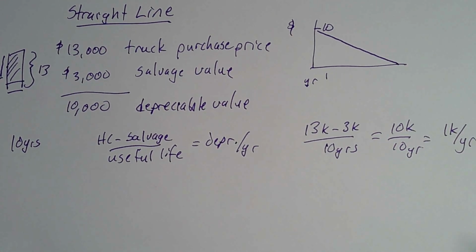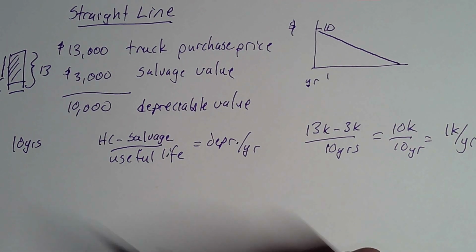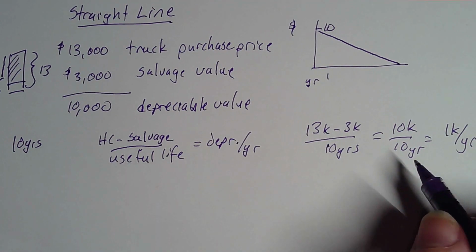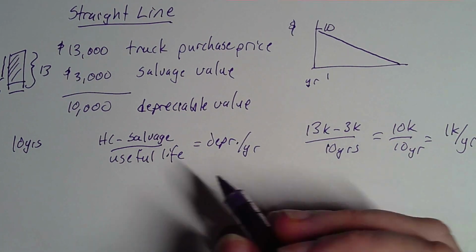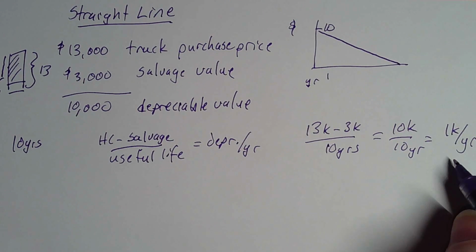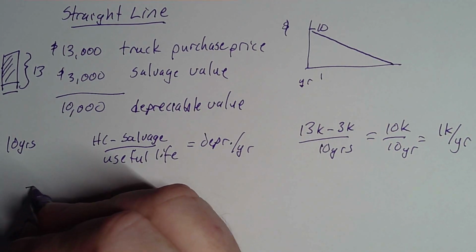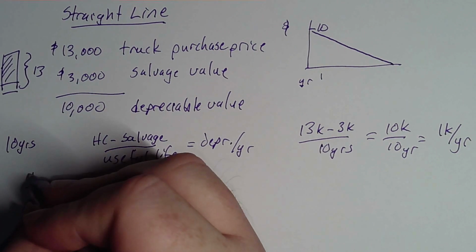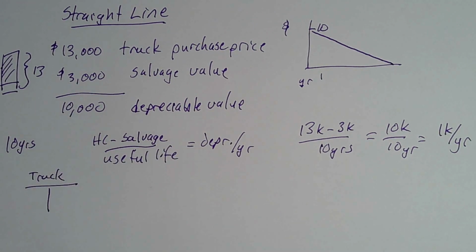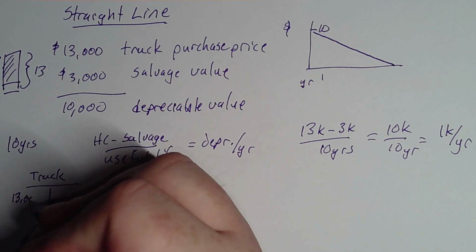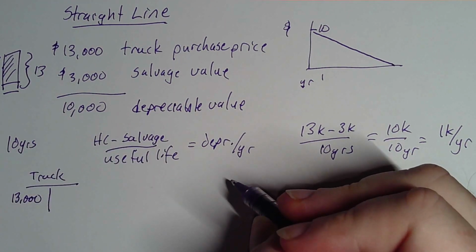So let's take a look at how we would write this out as far as a journal entry. So at the end of the year, this isn't one of those adjusting journal entries, we would say, okay, we need to knock off 1 year of depreciation. Well, since we've already calculated it's going to be 1,000 per year, first let's set up the truck T account, and we have it as 13,000. Now, what does the journal entry look like?